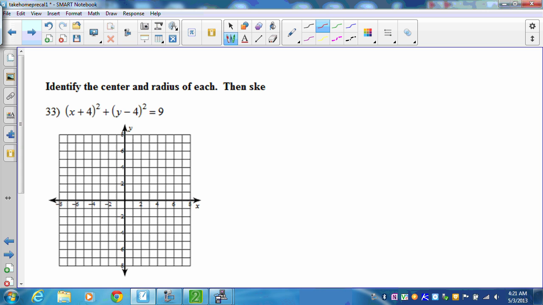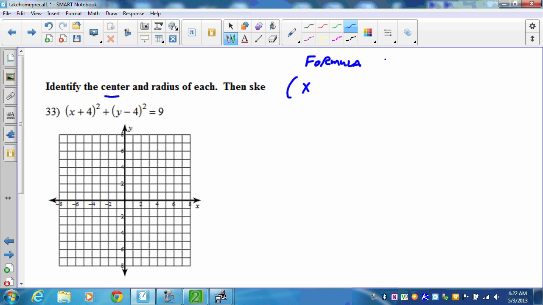Alright, the next problem. You may not have, we didn't do conics much this year. In fact, we didn't do them at all. So I wanted you to be just familiar at least with the center. So let me just give you the formula for the circle.